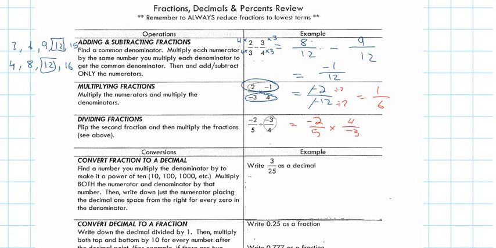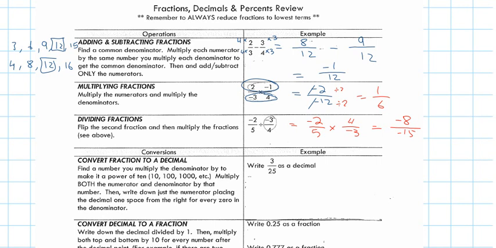Now this is a multiplication of fractions, so it's exactly the same thing as the previous question. All I have to do is multiply numerator by numerator, denominator by denominator, and simplify. So multiplying numerator by numerator gives me negative 8 over negative 15. Can I reduce this?